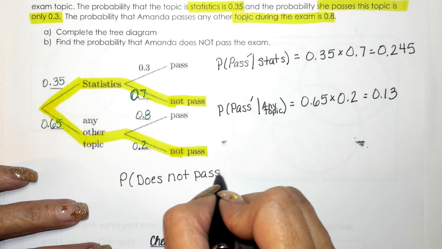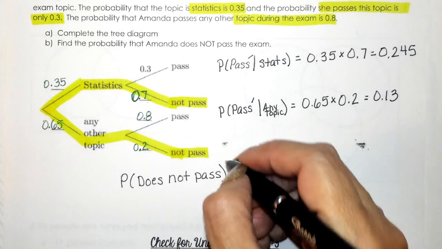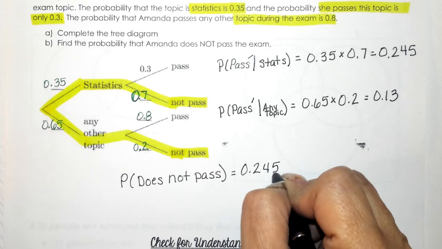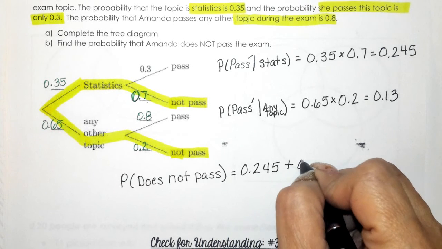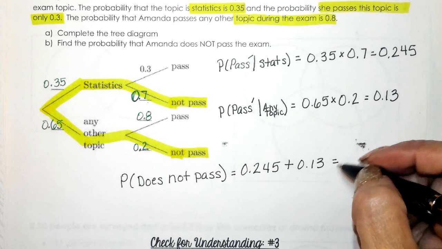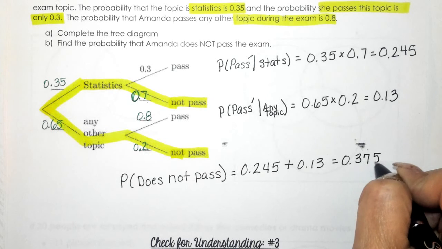That's what I'm doing here. Two avenues to get there, but the end result, she's not passing. I'm going to take 0.245 and add it to 0.13. And I got 0.375.